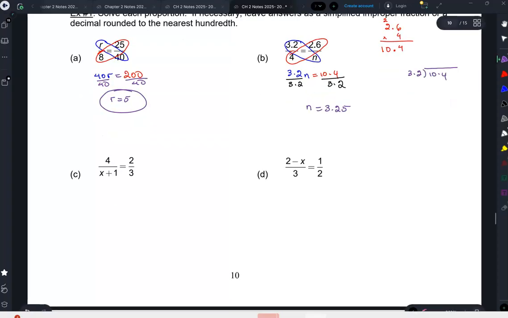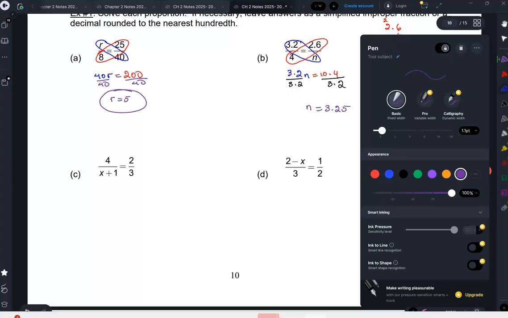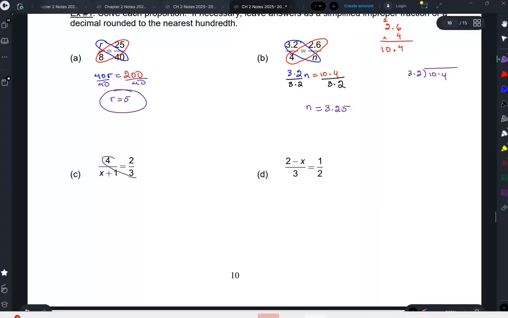Okay, so here's this next one. This way, I'm going to get 4 times 3, 12. Equal to this direction. Now I have x plus 1 times 2. So here I do 2 in parentheses x plus 1. And here, the most important thing I put are the parentheses. Because without that, you're already on the wrong footing and then it'll never come out right.